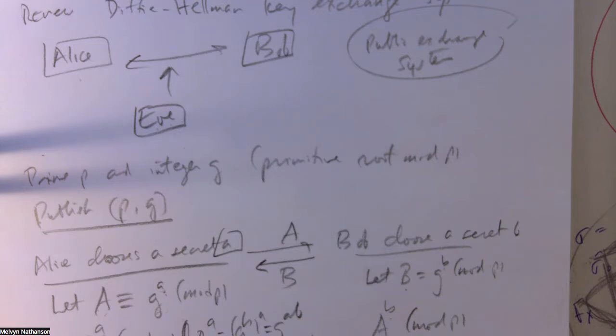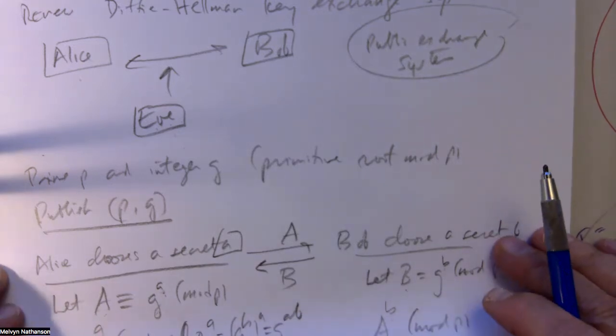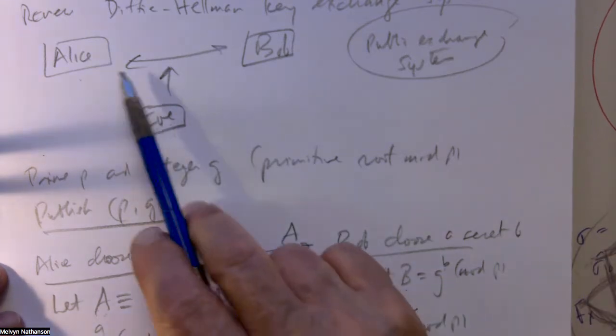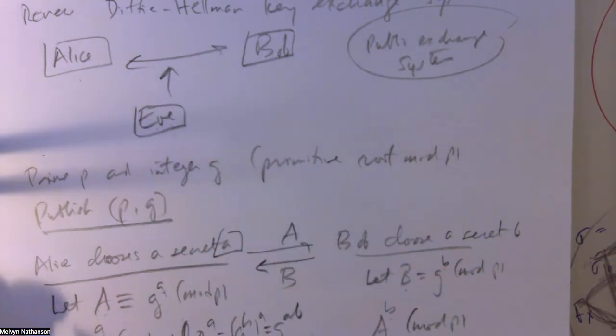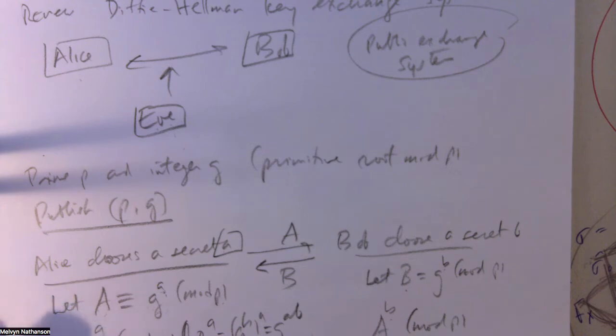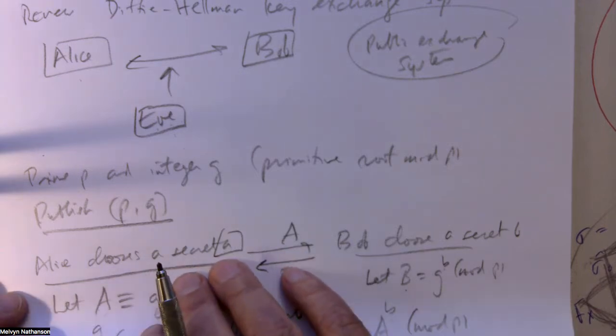And the next serious problem to solve is, how do Alice and Bob exchange a message if everyone knows what the cryptographic system is that they're using? Everyone knows how to encrypt or encode a message, but knowing how to encode a message does not give you the ability to decode the message unless you know the secret key.